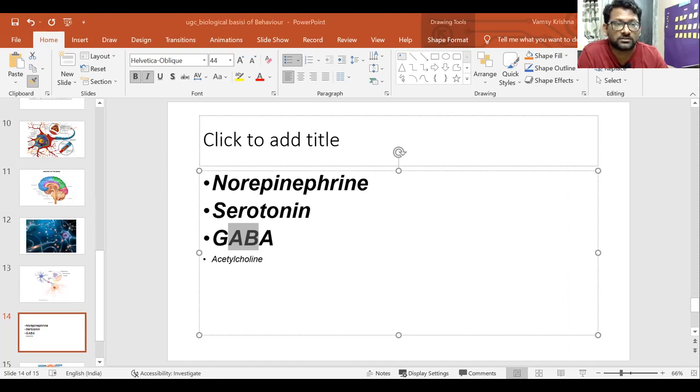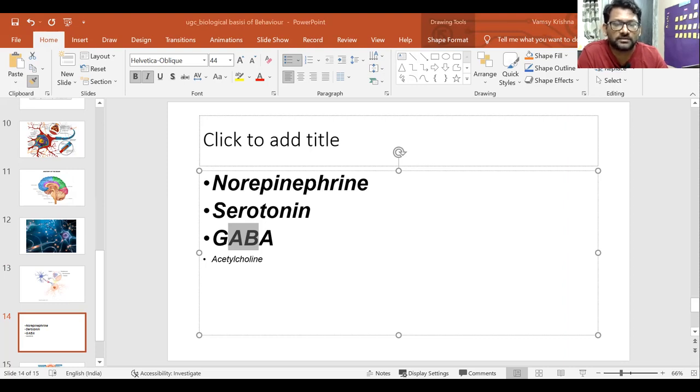They can alter hunger, thirst, and even long-lasting behaviors, and these peptides are nothing but neurotransmitters. Last but not least, let's see glutamate.